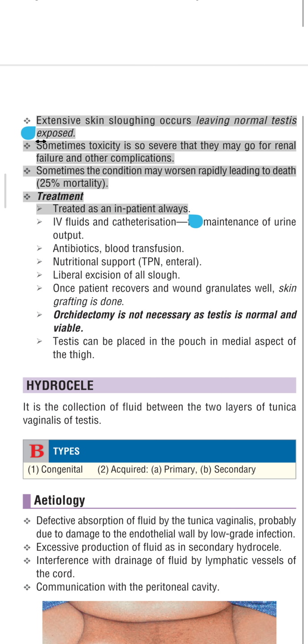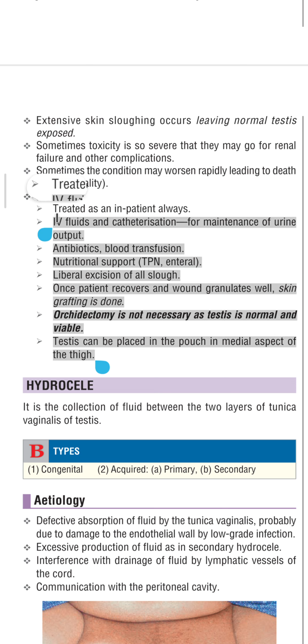Extensive skin sloughing occurs leaving normal testes exposed. Sometimes toxicity is so severe that they may go into renal failure and other complications. Sometimes the condition may worsen rapidly leading to death, 25% mortality.